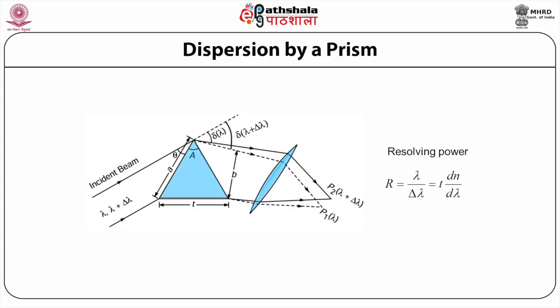That is called the dispersion property of the medium. And depending on dn by d lambda, the dispersion of the prism material, you get a very specific value for the resolving power of the prism. So a prism is similar to a grating, another device that is used for resolving very nearby wavelengths.